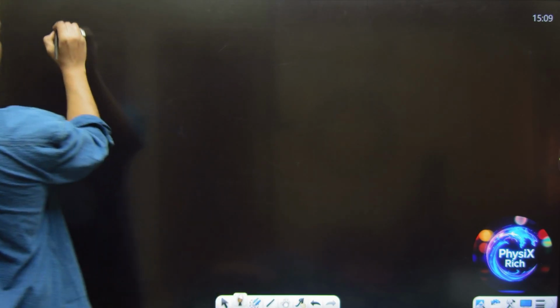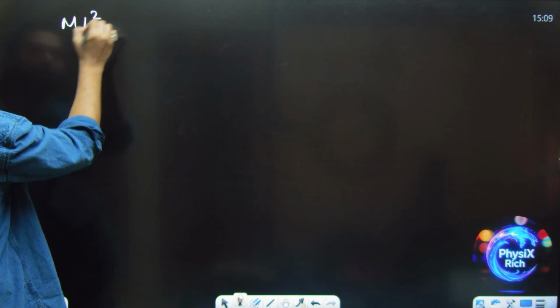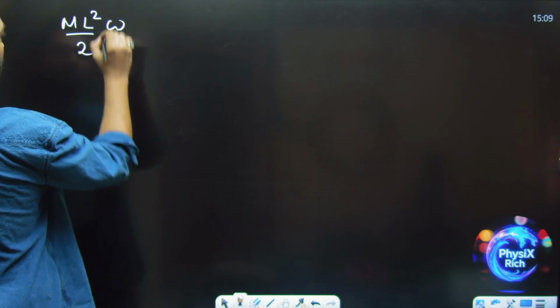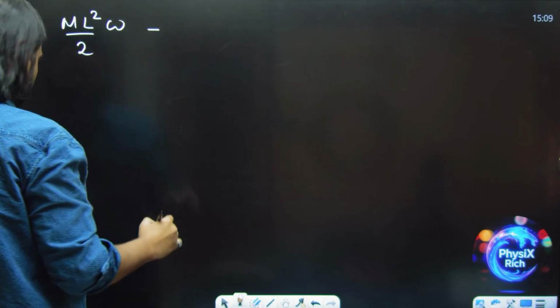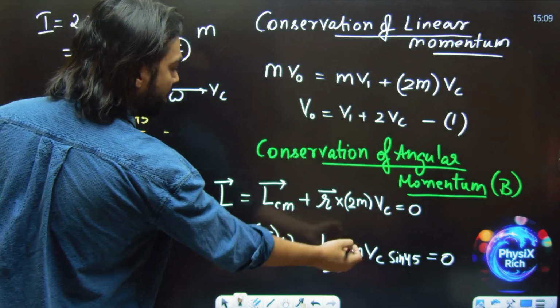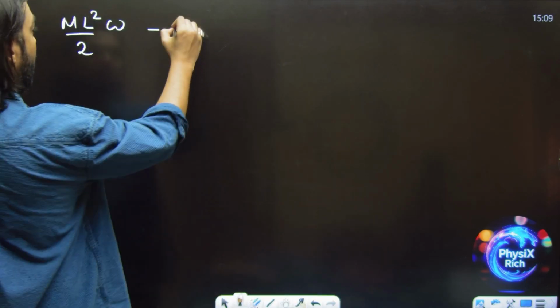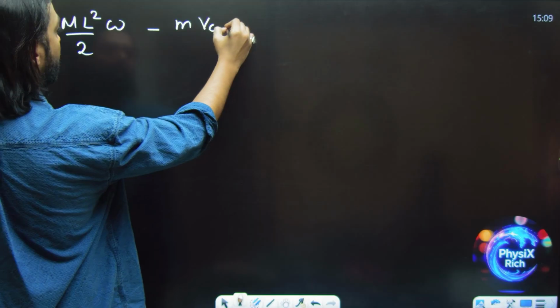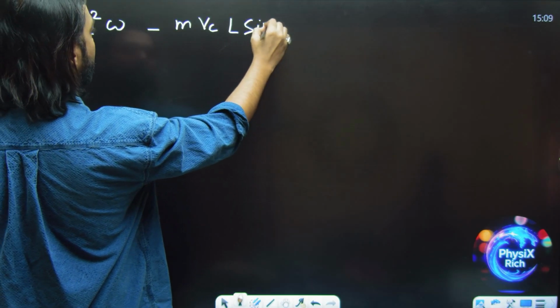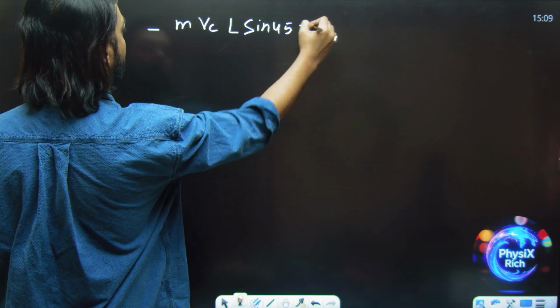So this becomes mL square by 2 omega minus, this 2 will cancel, this 2 will cancel, m VC L sine 45. m VC L sine 45, and that is 0.